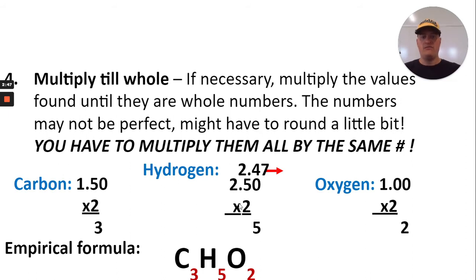So you multiply the values all by the same number until you get to something that's whole. It's not always going to be crisp. As you can see, 2.47 becomes 2.5. But you're generally going to have just one of the numbers do that, and the other stuff is going to come out to be great. So the empirical formula of this compound, C3H5O2, would be our empirical formula based upon the percentages given to us.